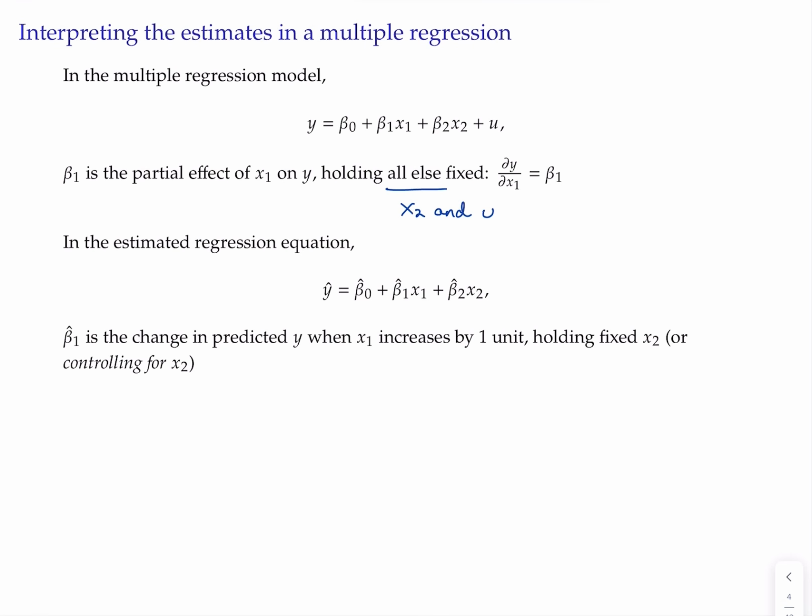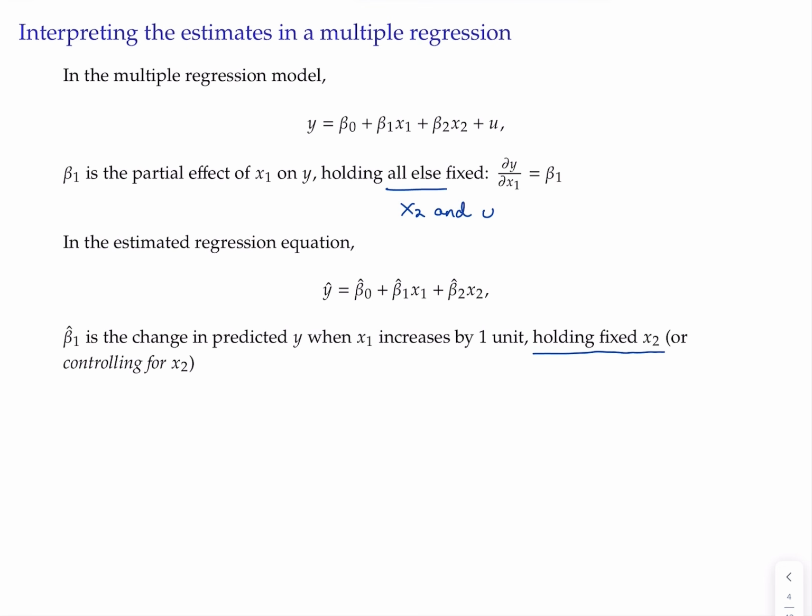When we actually estimate the regression and get the estimated regression equation you saw an example of on the previous slide, by definition, the unobservables are not going to be included in the regression. So when we interpret the coefficient on x1 now, we would say it's the relationship between y and x1 holding fixed any other explanatory variables in the model. So here that's just x2. One of the things that's very useful about multiple regression is we can hold fixed or control for other explanatory variables, but we can't control for everything that way, because we're still not controlling for the things that are in the unobservables.